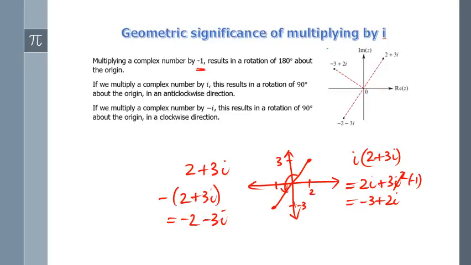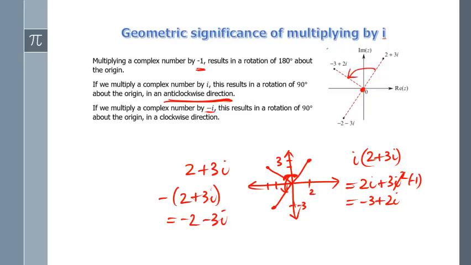So if I go across -3 and up 2i, that will bring me to here, and it actually results in rotating 90 degrees in an anti-clockwise direction. So if we want to rotate a complex number about the origin, if we multiply it by i, it will rotate it 90 degrees anti-clockwise.